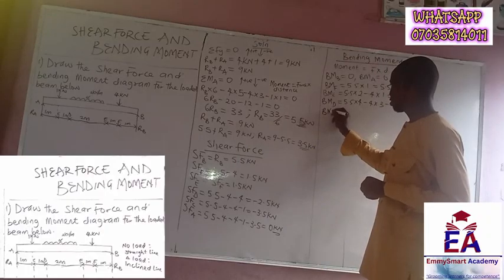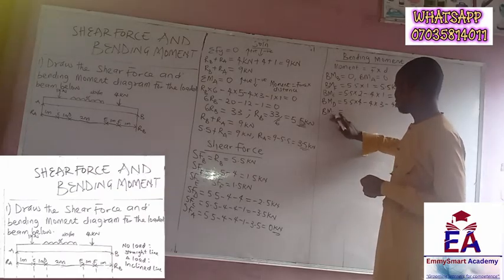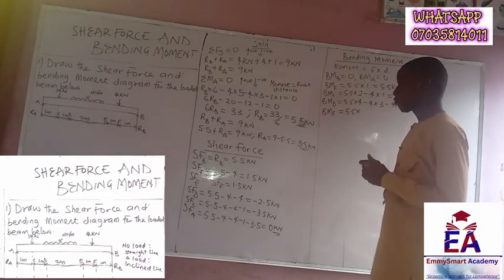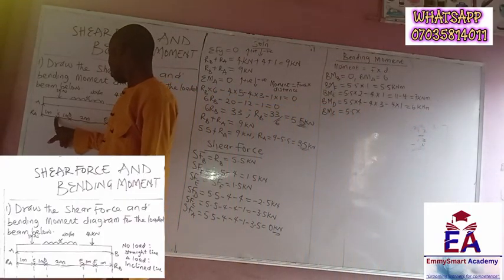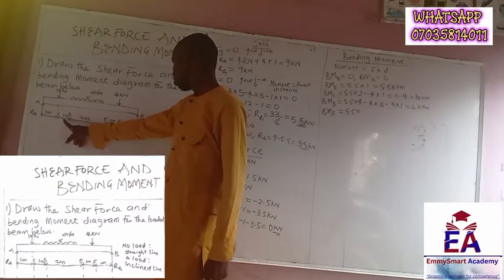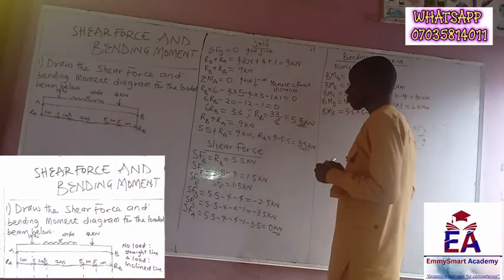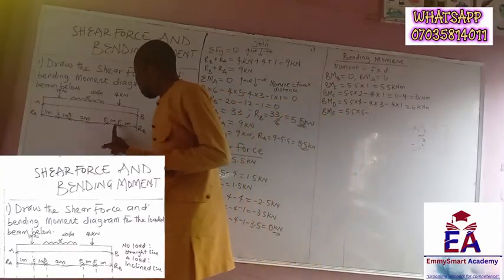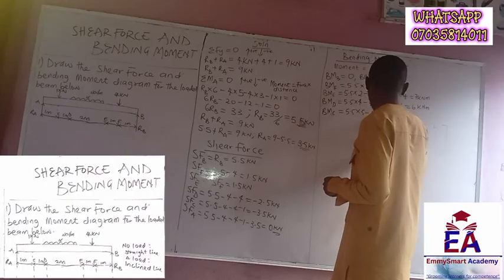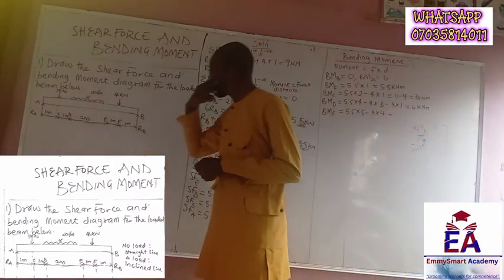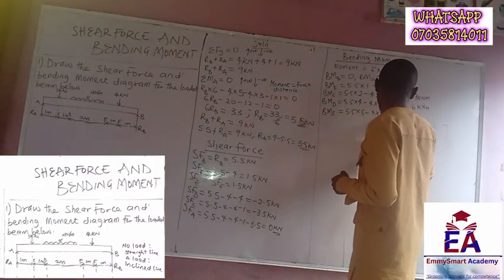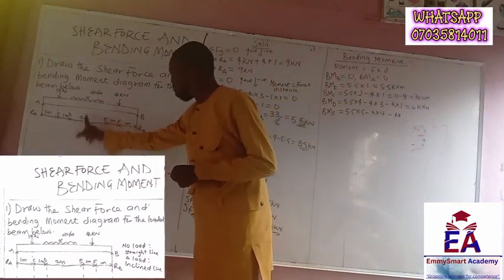So the bending moment at point C will now be 5.5 times 5, this point C here, minus 4 times 4, minus, we change this to a point load, so we have 4 times the distance to the midspan, the center.